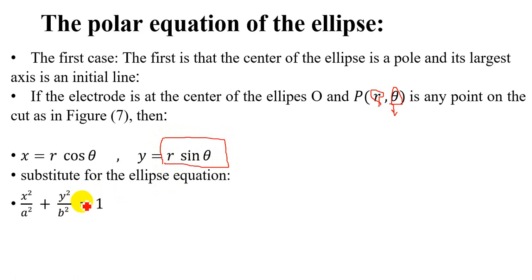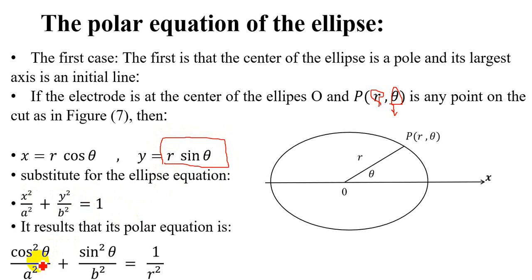So if our general ellipse is like that, the polar one will be like this: cosine squared theta over a squared plus sine squared theta over b squared equals 1 over r squared. That was the change of our form.